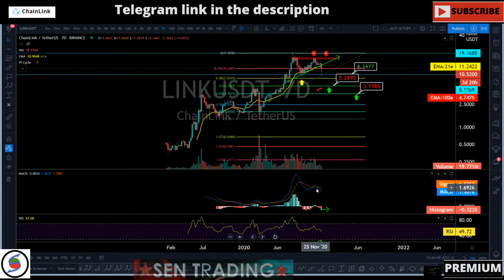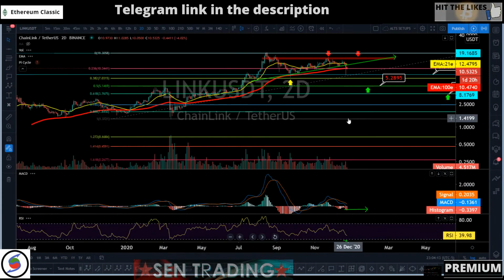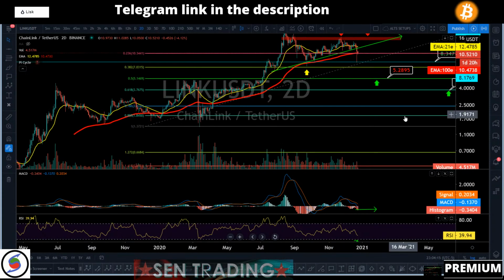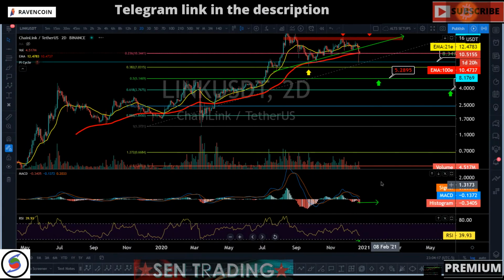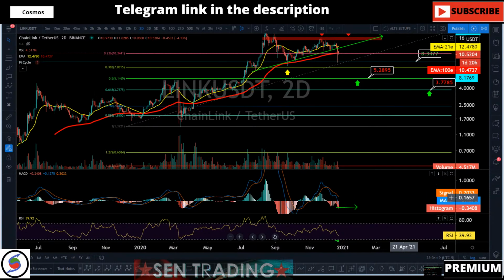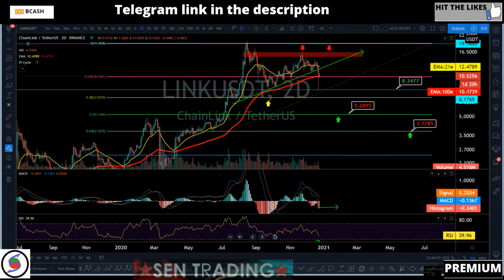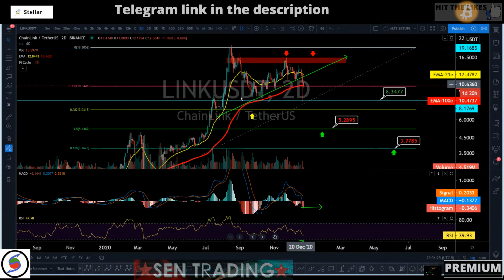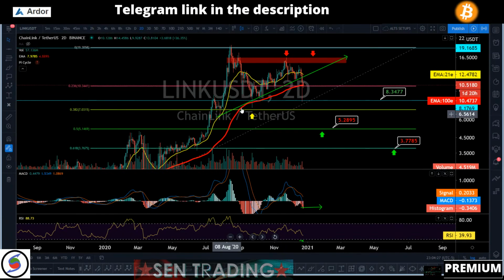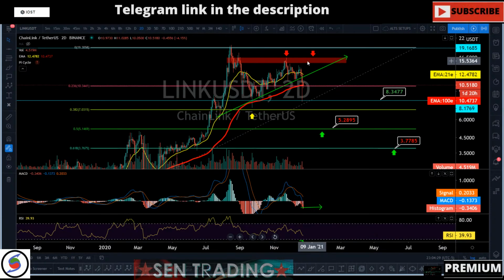The only thing we can say about LINK is we already got a double crossover on our weekly time frame. That's not good at all, right? And we're also already breaking bearish on our 2-day time frame, as you can see right here, but price did not want to drop below the 21 EMA. You can see we've been creating a sort of bear flag, and I was looking for a retest of 16.